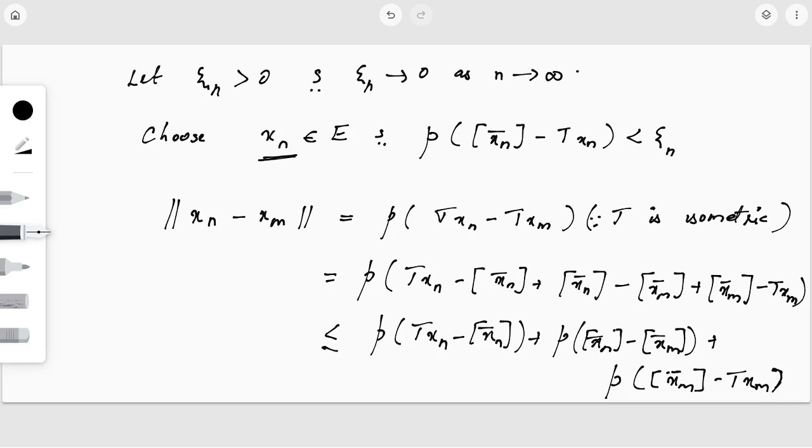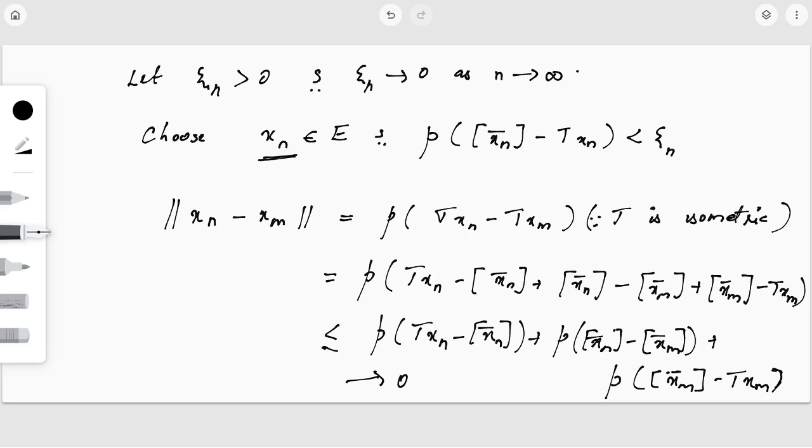Now we had shown that this is less than epsilon n, this would be less than epsilon m, and this we had chosen from the Cauchy sequence, so this will also be less than some epsilon. So altogether we can see that this tends to 0 as n greater than or equal to m tends to infinity.